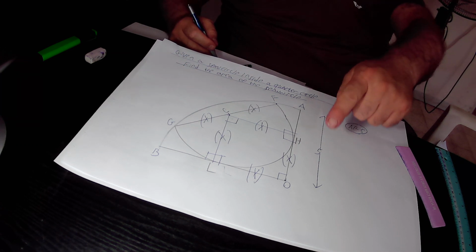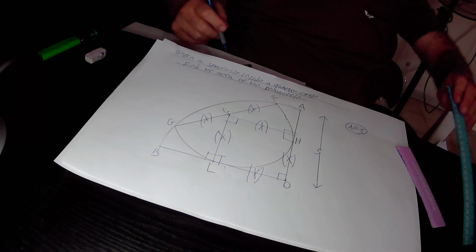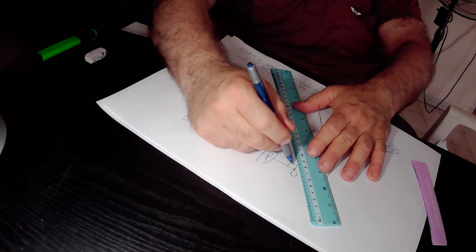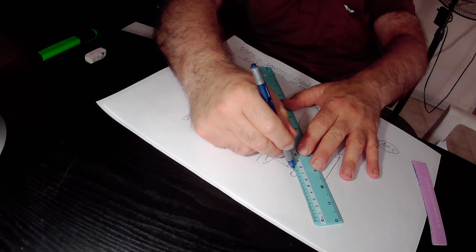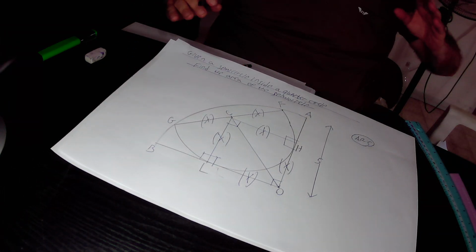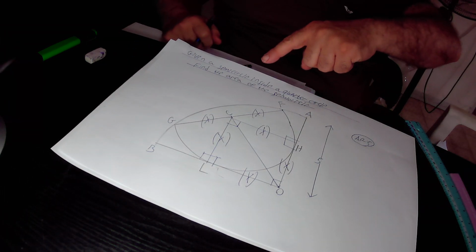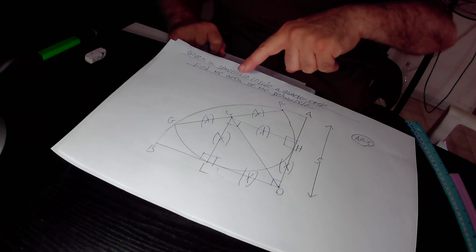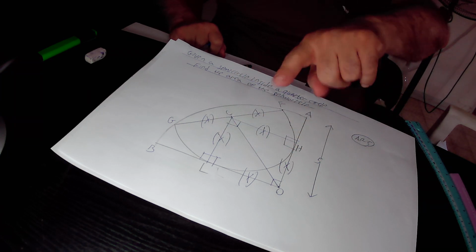In the next step, we will join points O and C together by a straight line. By joining points O and C, we make the right-angled triangle, triangle CLO.